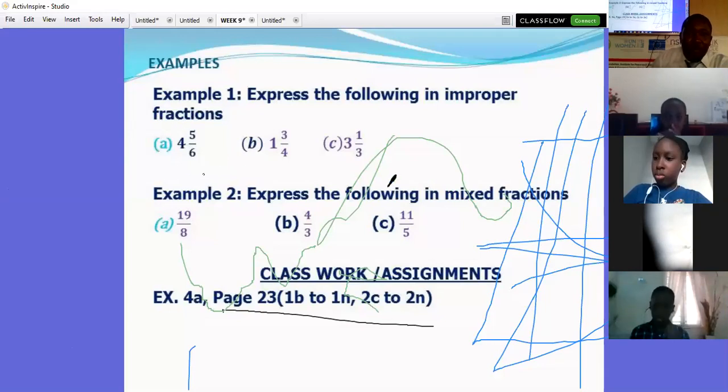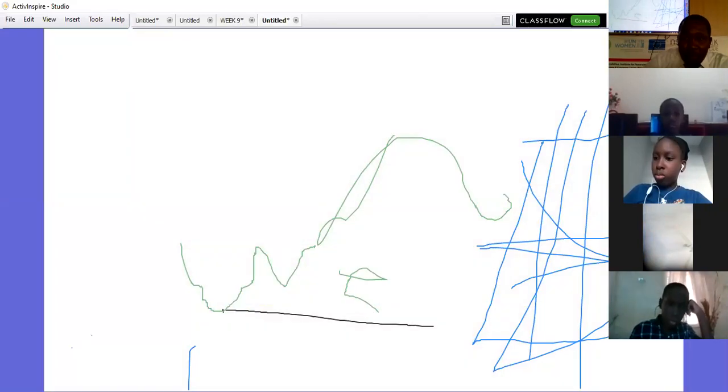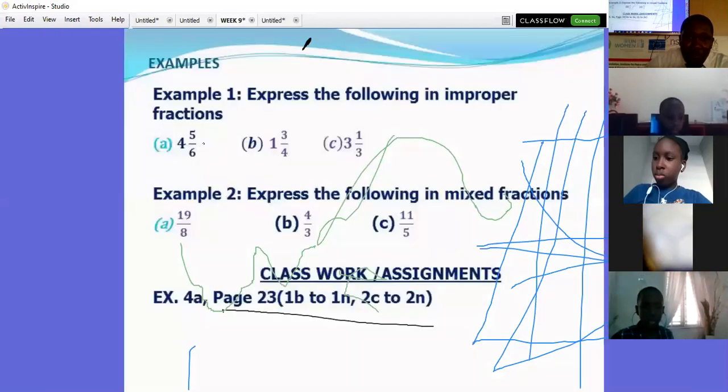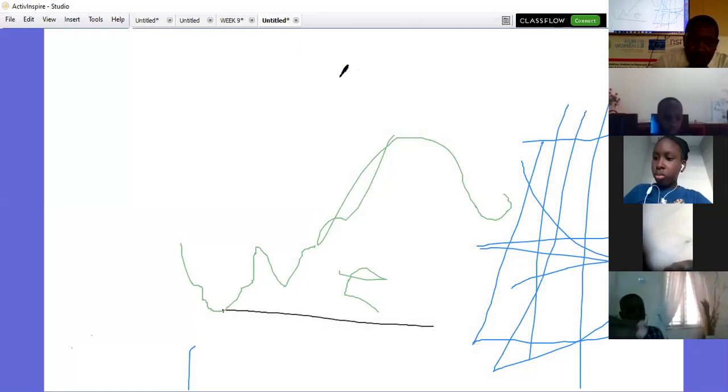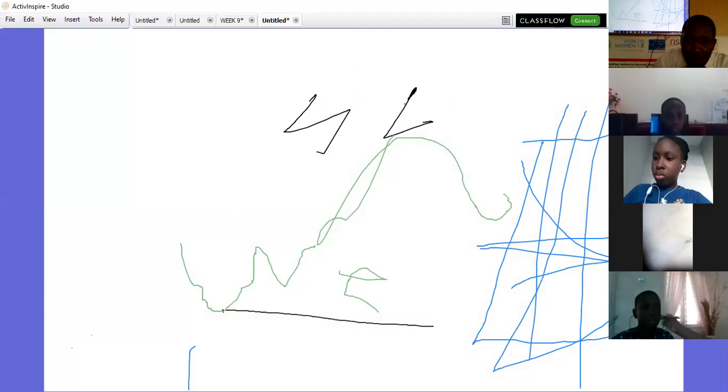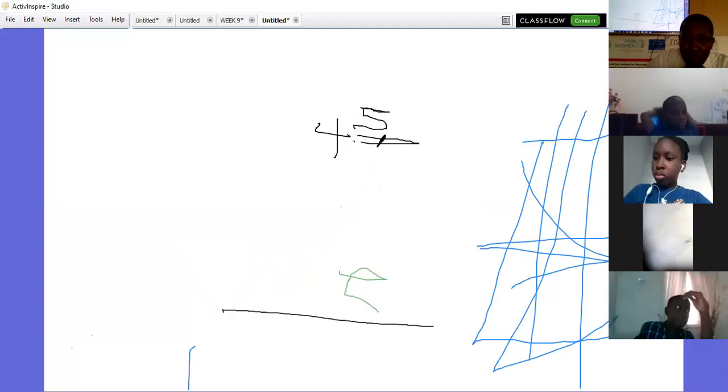The first example is saying we should change 4 whole number 5 over 6. We are trying to change this into an improper fraction.